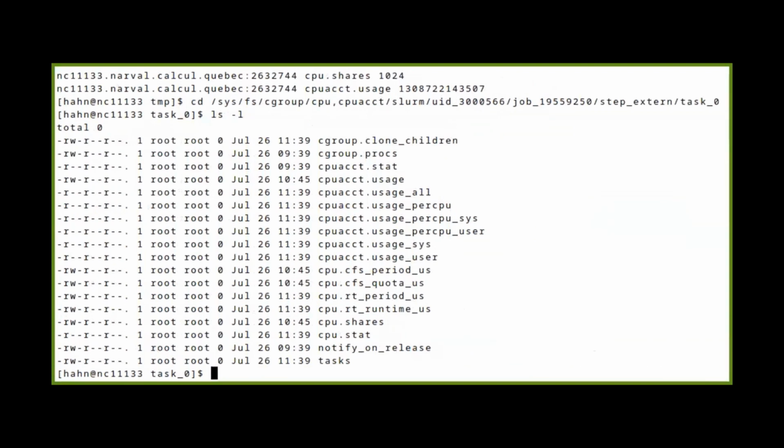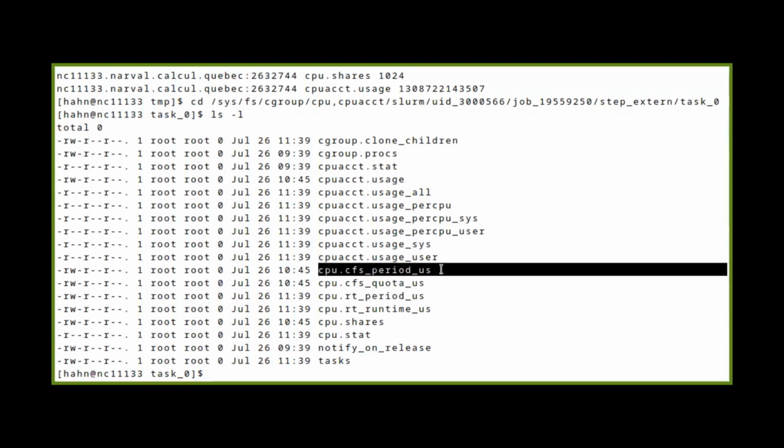we see a number of controls exported by the kernel, which are potentially quite useful to us. Some of them are kind of obscure. Some of them have to do with the CPU scheduler. So for instance, CPU RT period, that's the real-time period. I think we're using CFS by default.